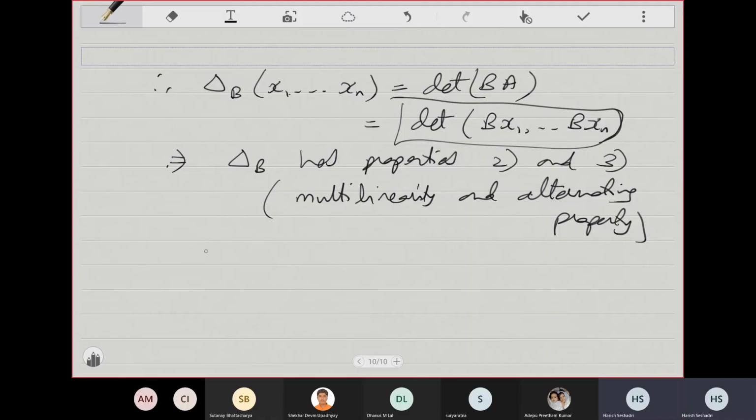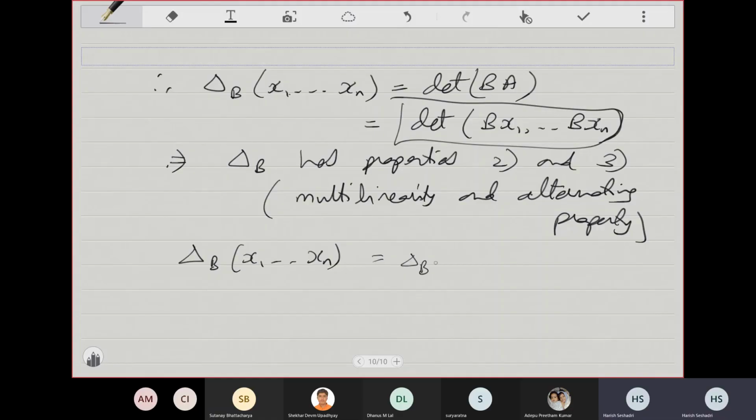So I have these two properties, and so let's write it out. So delta B of A is delta B of x1, ..., xn.